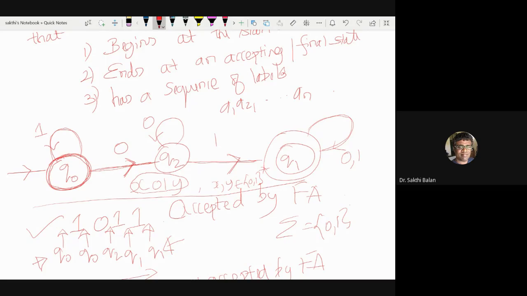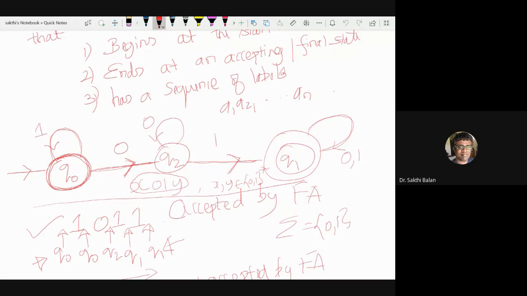From Q2 itself, you can read any number of zeros. But Q2 always stores the information that it has read at least one 0. That is the beauty of the Q2 state. Q2 remembers that fact, so it is making sure that it has read at least one 0.